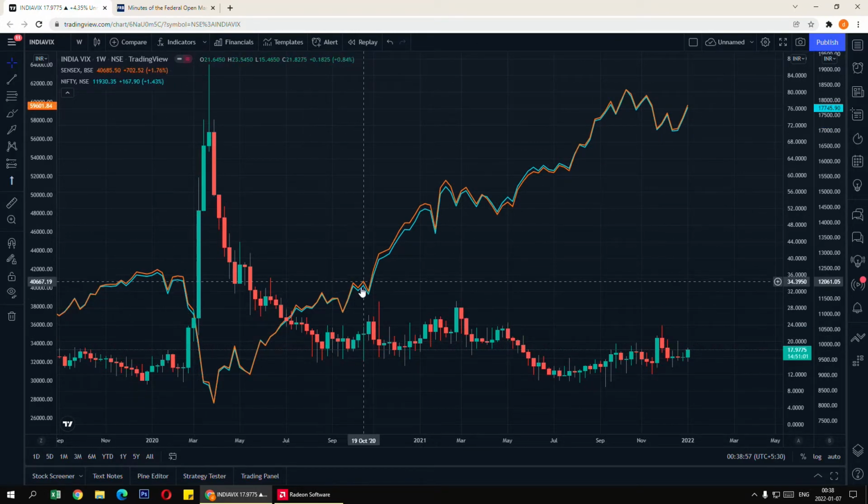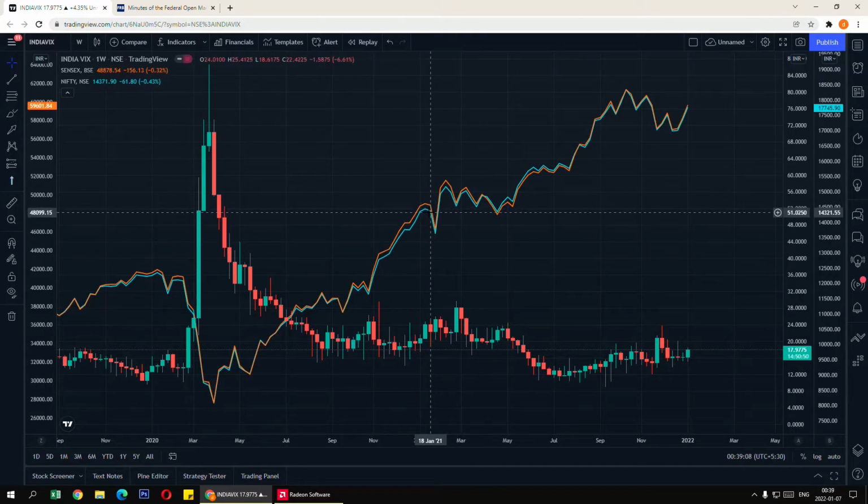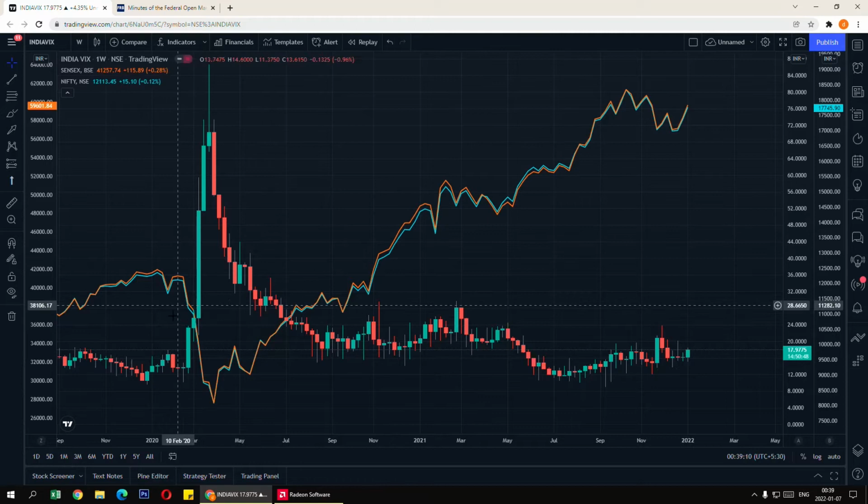These two, the aqua blue and the orange, are SENSEX and Nifty, which are highly, perfectly correlated. And this candlestick is the Indian VIX. I just wanted to show you this.